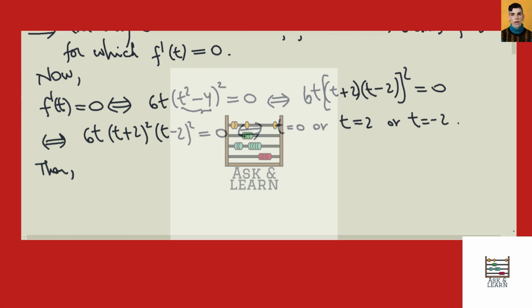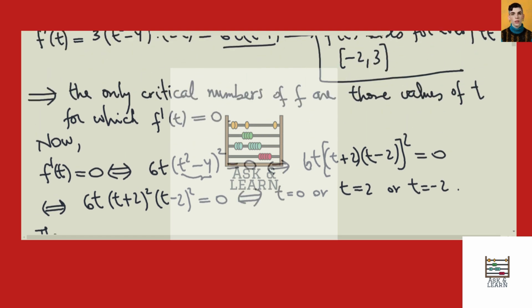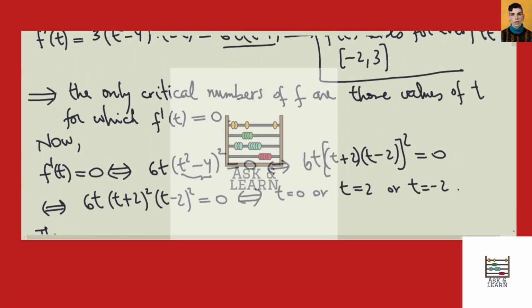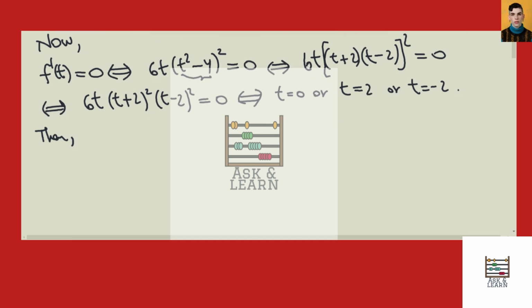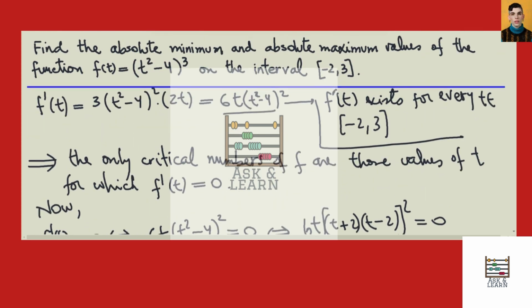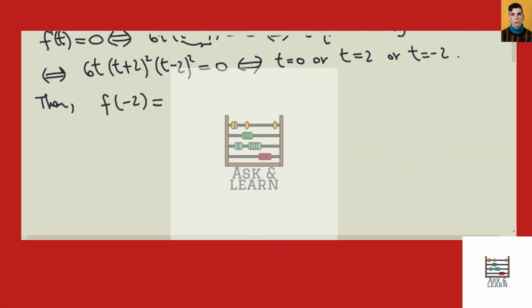So we have to evaluate the function at these critical numbers. In fact, at 0 and 2, because at -2 we have to evaluate it as an endpoint of the interval. So there are 1, 2, 3, 4 evaluations. And we get f at -2 is equal to, the function is (t squared minus 4) cubed.